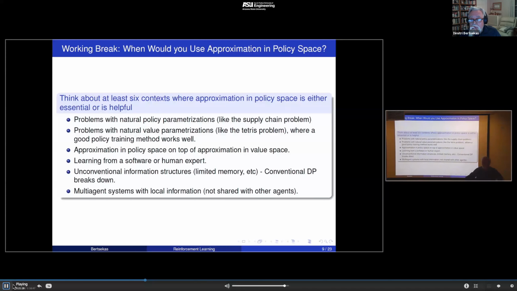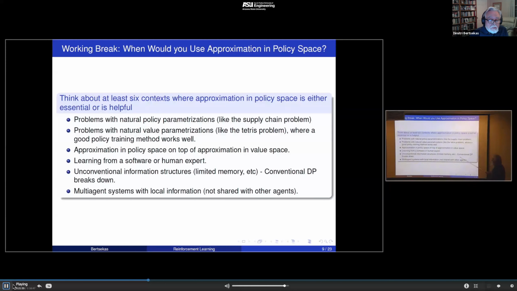Like robots going around doing things, they have a common goal, but they explore their environment and they get information from the environment and they make decisions on the basis of this information, but they don't share this information with other robots because of bandwidth limitations, whatever. Or they may share it, but there may be some delay in getting the information to the other robots.